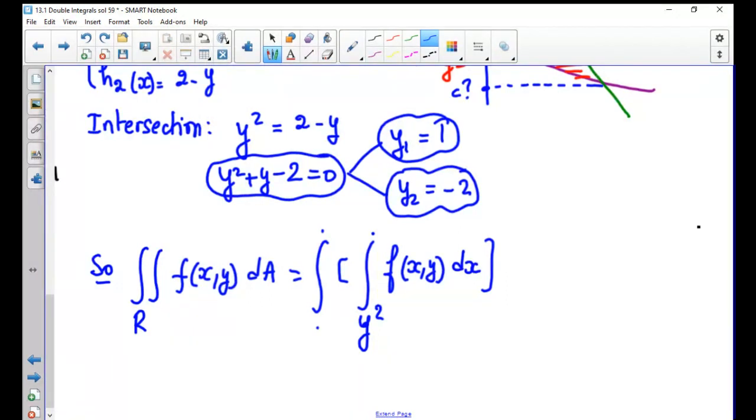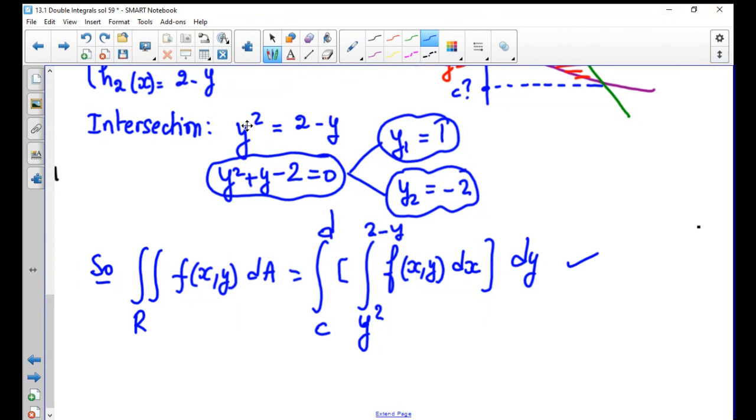So from y squared to 2 minus y, and then the answer, we will integrate with respect to y from c to d, and that is basically the answer of this question.